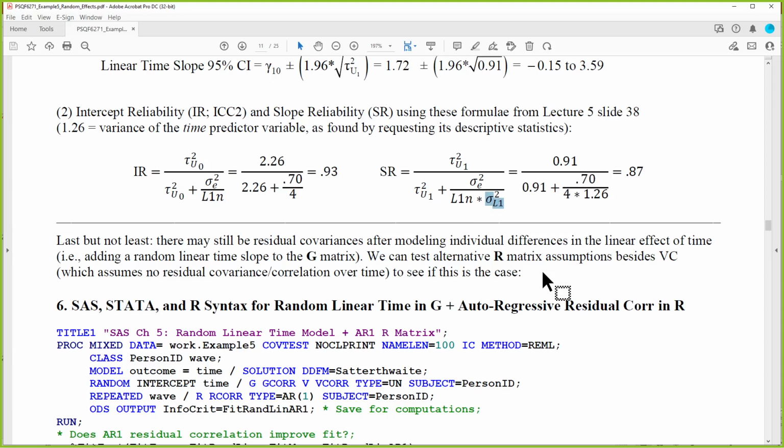You would need to go into your data set and find what the variance is of that predictor to plug it into the formula. In the code that goes with this example online, I have done that for you first thing. I ran descriptives on the time predictor to get its variance so that you'd know where that number came from. And I have an Excel spreadsheet in the download packet where I have all of the calculations built in, so you can just plug in your numbers. Or you can use whatever package or method you want to compute things. There are relatively few things I would ask you to compute by hand. This happens to be one of them, but it should be relatively painless.